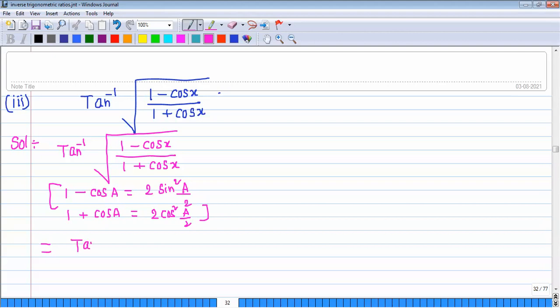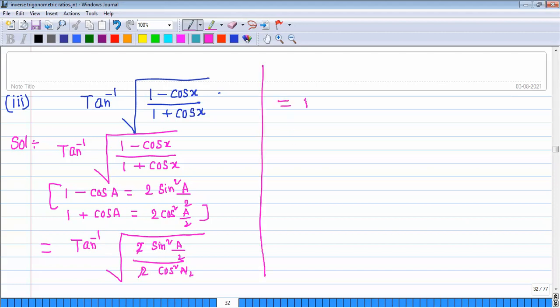Tan inverse of root over, in the numerator we can write 2 sin square x by 2, and in the denominator 2 cos square x by 2. The 2 will cancel out. So we have tan inverse of root of sin square A by 2 over cos square A by 2, that is, square root of tan square A by 2. Is equal to how much?